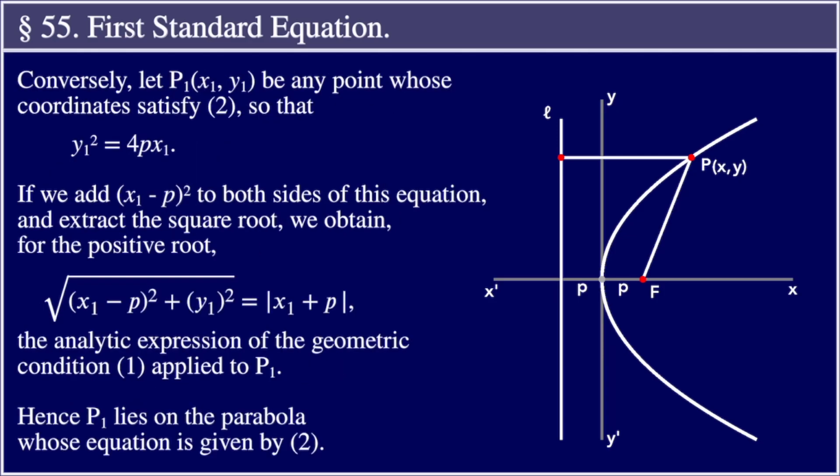Conversely, let P1(x1, y1) be any point whose coordinates satisfy equation 2, so that y1 squared equals 4p x1.